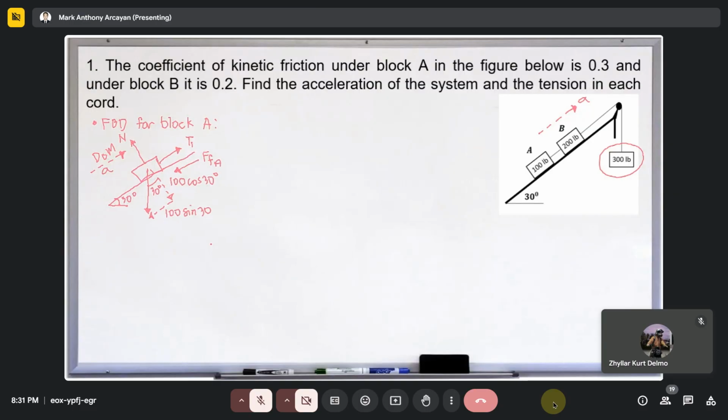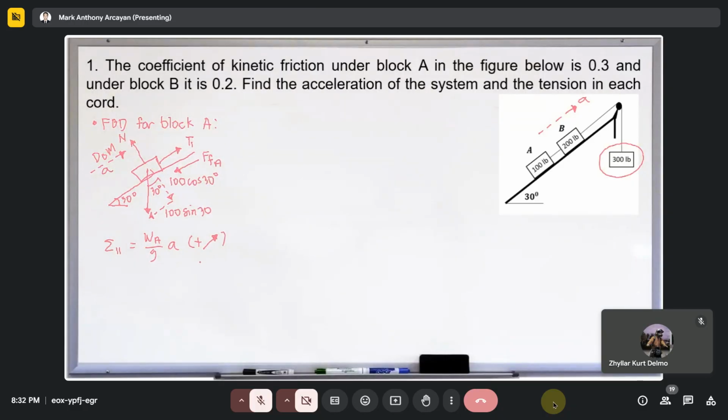Now, the next step is to perform summation of forces. We apply D'Alembert's principle. We have the summation of forces parallel to the inclined plane equal to the weight of this block over g times the acceleration. We treat a force as positive if it acts along the direction of motion.